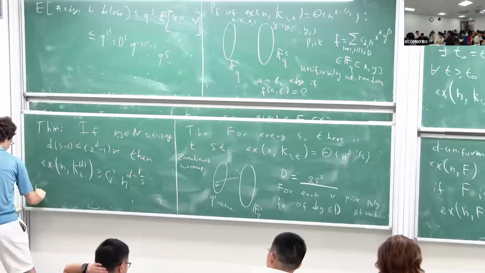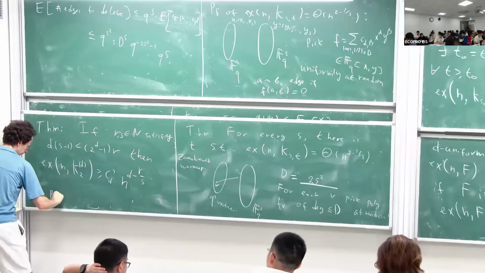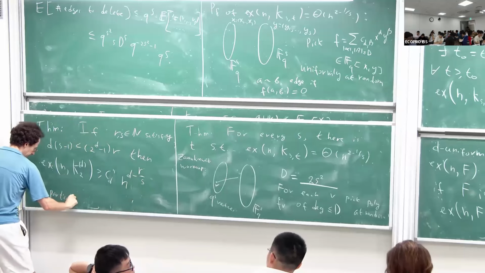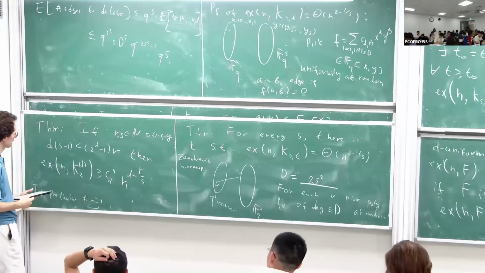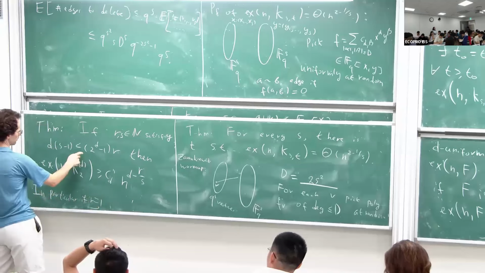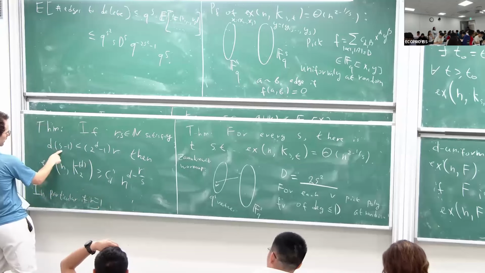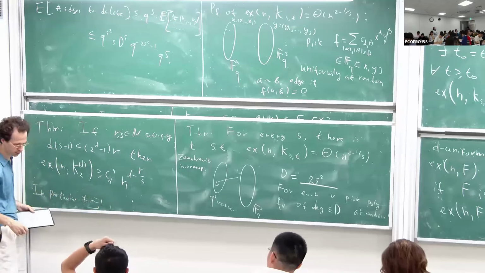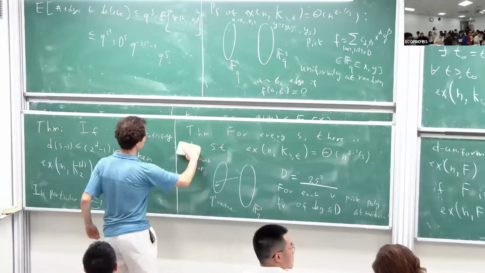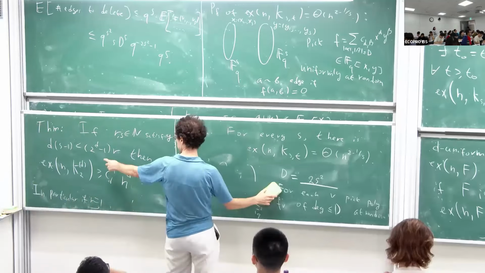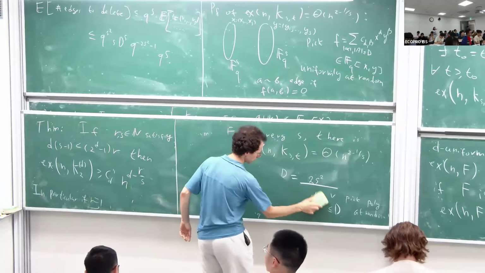In particular, if we take r to be 1, then we can just take s to be the floor of this ratio.